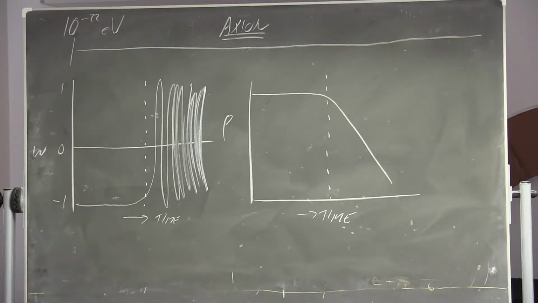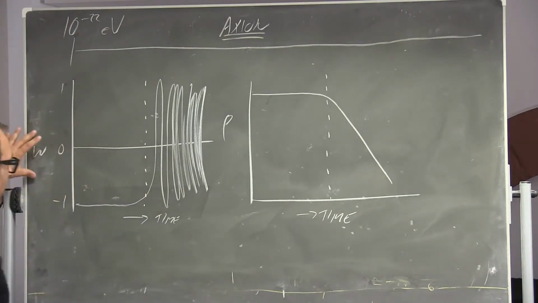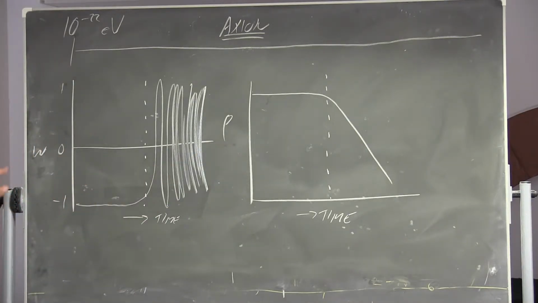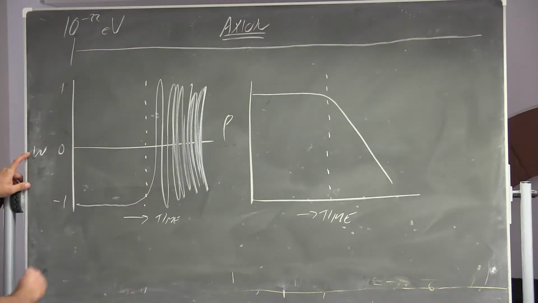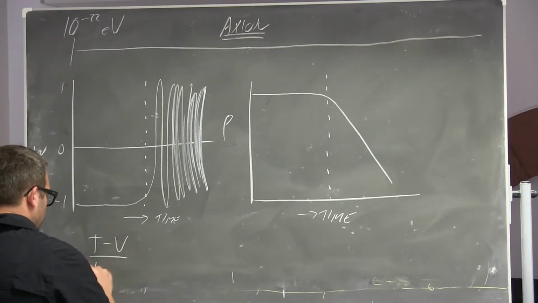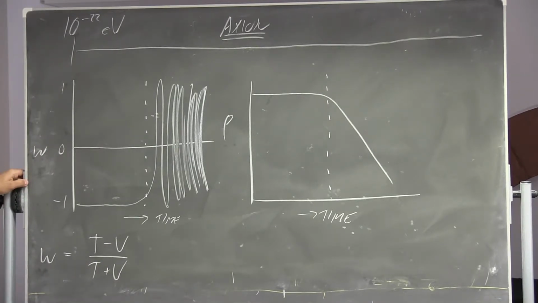So if you want to plot it in the space of the equation of state parameter and the density, the equation of state, of course, in this case is really just T minus V over T plus V, the kinetic energy minus the potential over the kinetic energy plus the potential, to a good approximation.